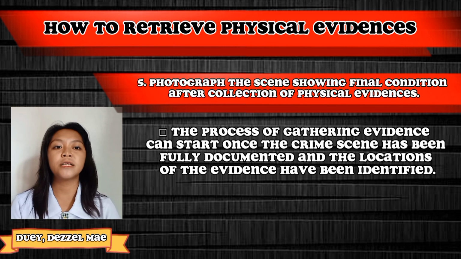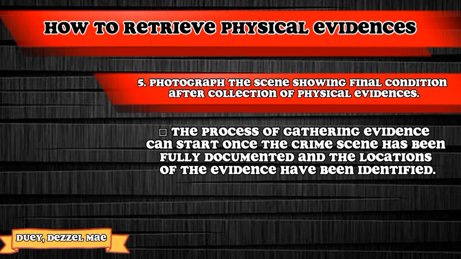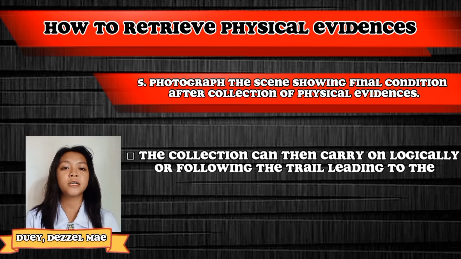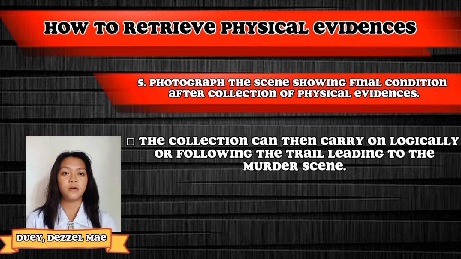The process of gathering evidence can start once the crime scene has been fully documented and the locations of the evidence have been identified. Collection can be carried out logically, following the trail leading to the murder scene.